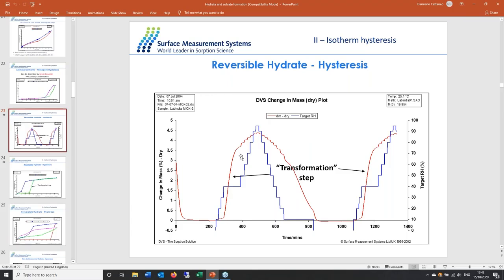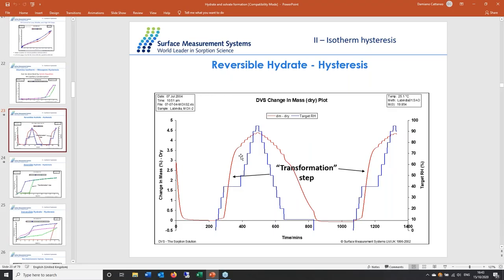Now, what we do basically in those stages is use a criteria of equilibrium rather than using a time. So we can, if we want to, say, run this stage for, I don't know, 4 hours, 6 hours. However, the best way to run the experiment is, rather than selecting a time, selecting a delta mass over delta time criteria.